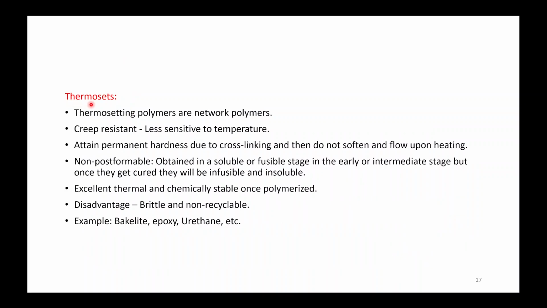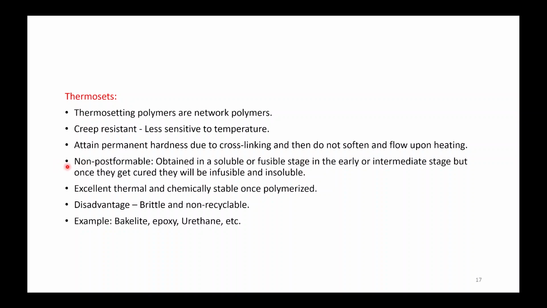Second is thermosets. Thermosetting polymers are network polymers. Because of this highly cross-linked structure, these can't be reheated and made into different shapes. These are creep resistant and less sensitive to temperature, and they attain permanent hardness due to cross linking, and do not soften and flow upon heating.